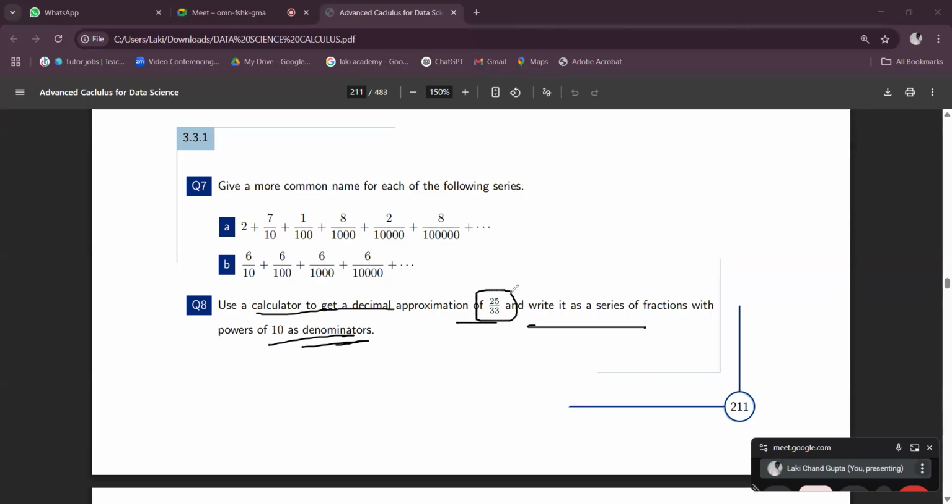Okay. Calculate this using a calculator and write it in the form of a series with multiples of 10 as the denominator.